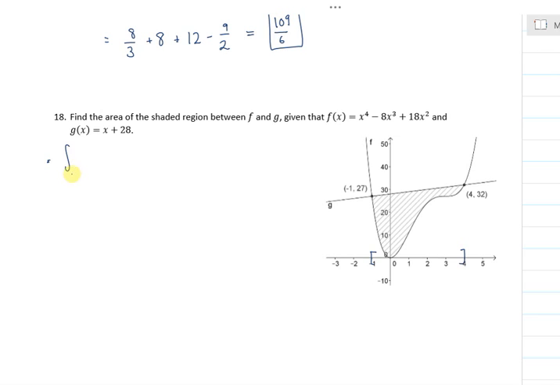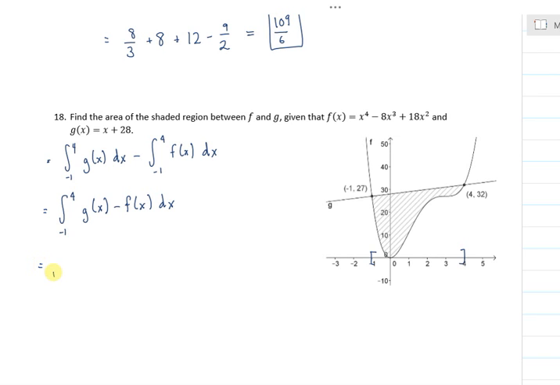I can either do the integral from -1 to 4 of g of x dx minus the integral from -1 to 4 of f of x dx, but that seems like a lot of extra work, so I'm going to instead do the integral from -1 to 4 of g of x minus f of x dx. It's guaranteed to be the same.